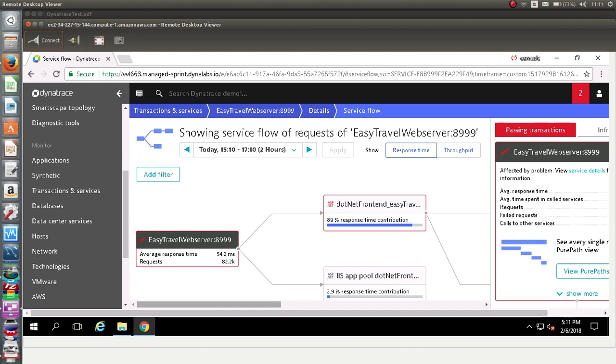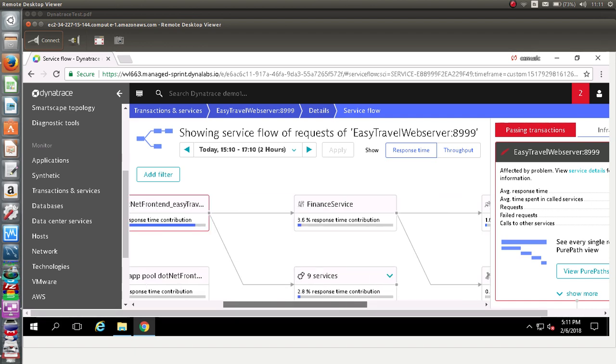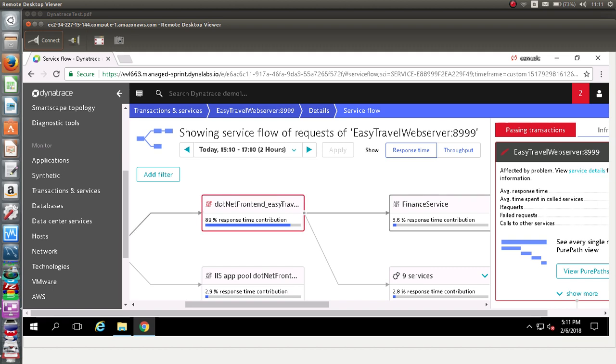We have that this service is calling the .NET front end, which is having a problem of time contribution. The problem is right here on the .NET front end Easy Travel. So we can research what is happening with this service.